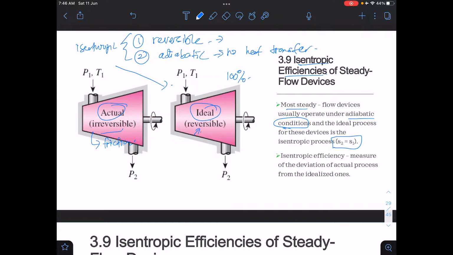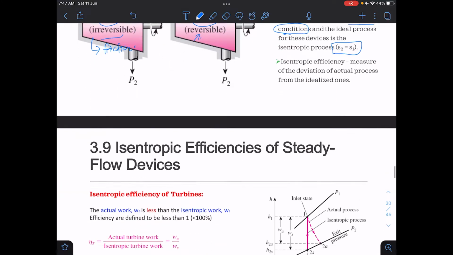So the isentropic efficiency is basically a measurement of the deviation of the actual process from the idealized one. If you have an ideal component, you will have 100% efficiency. If you have an actual one, the process is not isentropic, and you will find that the efficiency is less than that value.